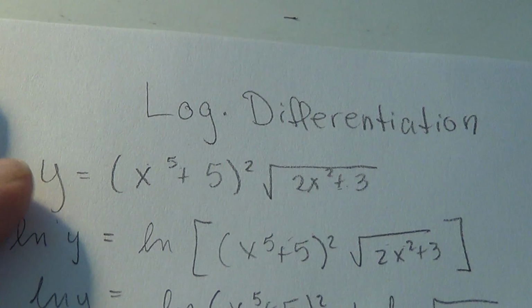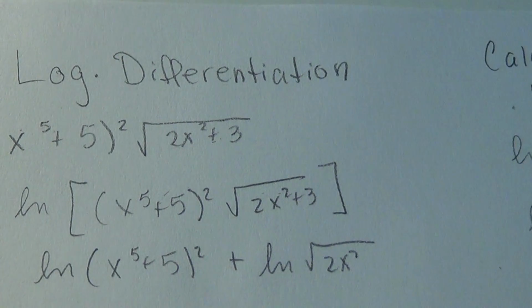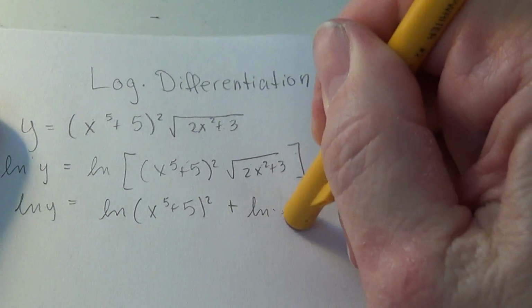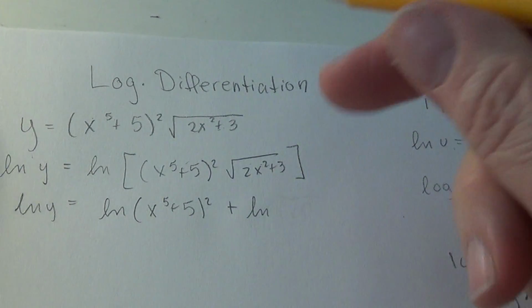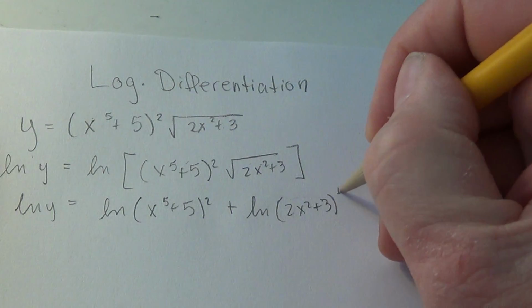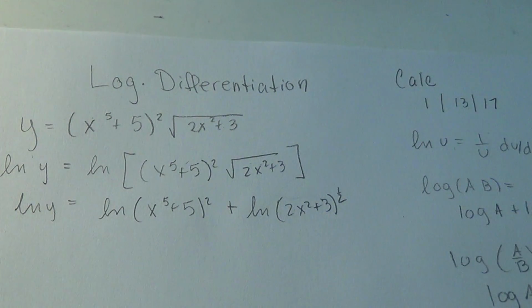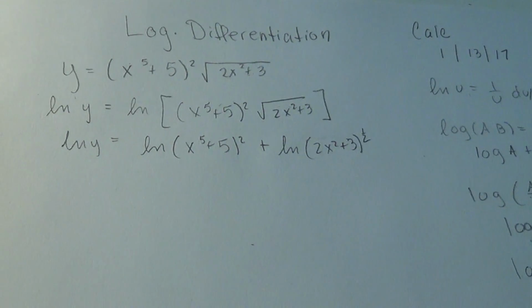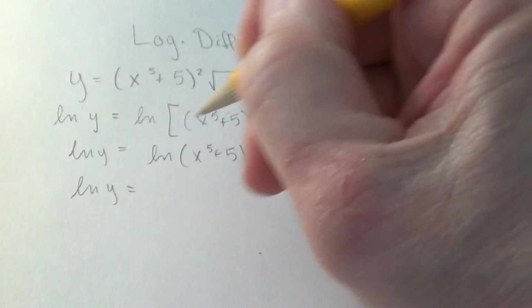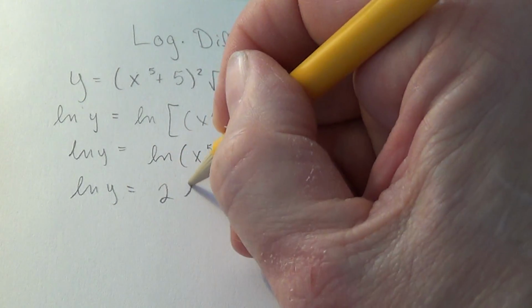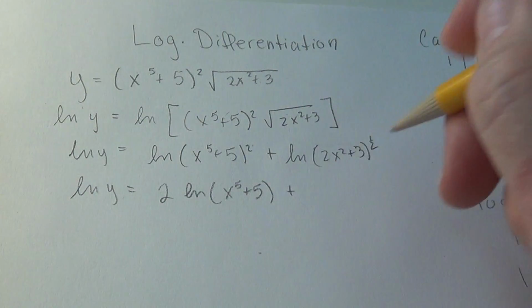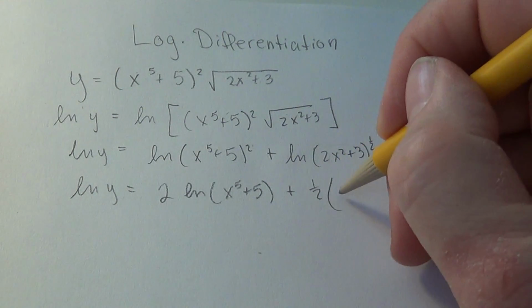Let me rewrite that, let me pan back a little. Let me write that as 2x squared plus 3 to the 1/2 exponent. So I can use log rules there. I continue to apply log rules by moving the 2 and moving the 1/2.